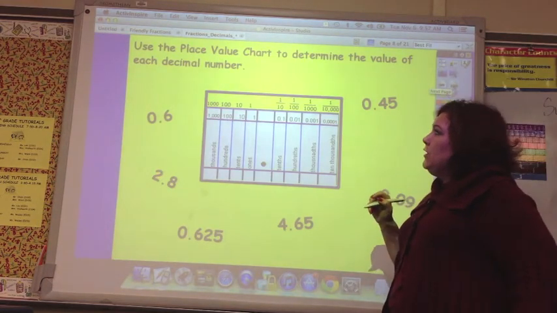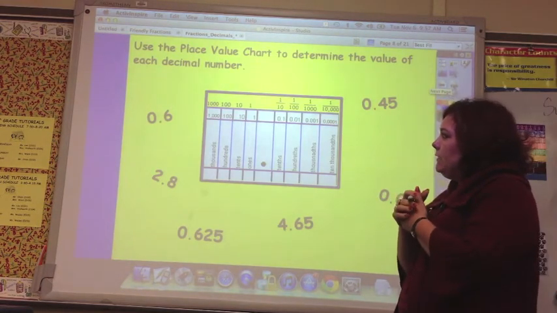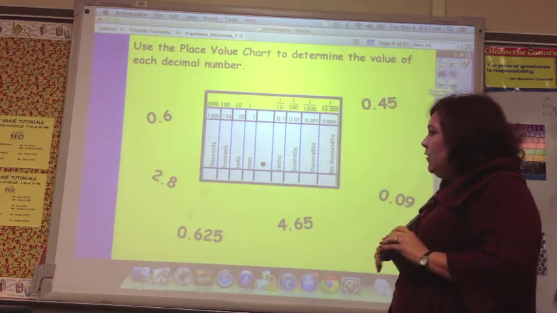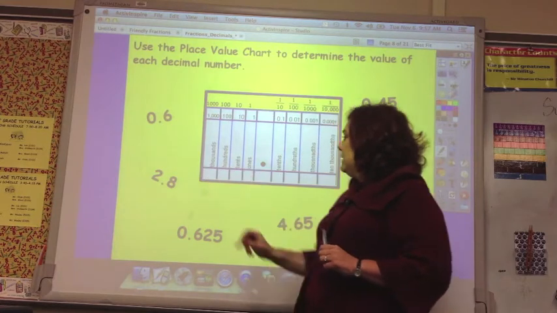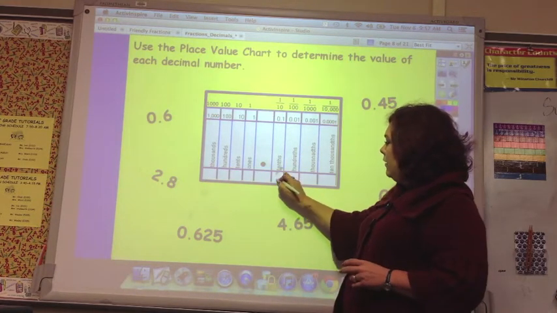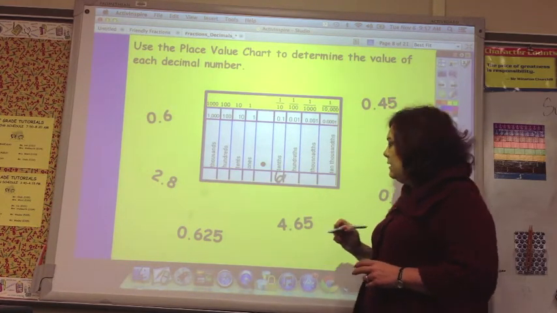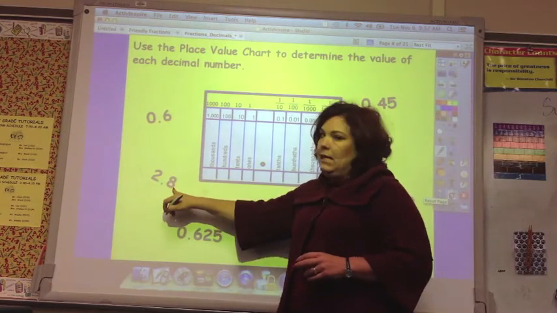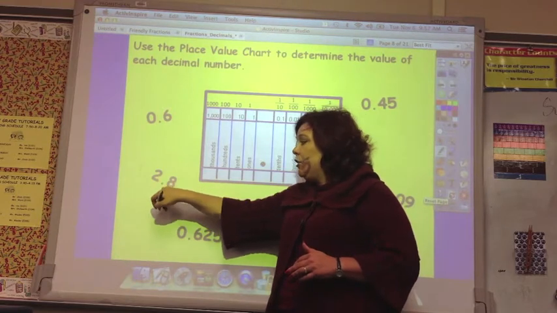Okay, so you're going to use this decimal place value chart to determine the value of each decimal number. So, like 6/10 would go here, right? 6/10. And then 2 and 8/10, that's how we say it. We don't say 2.8.